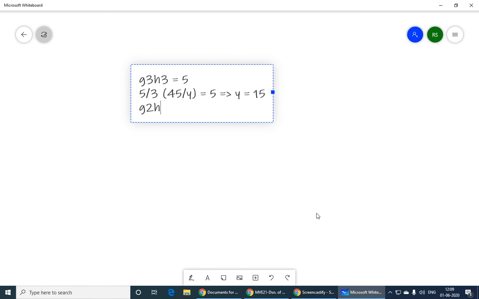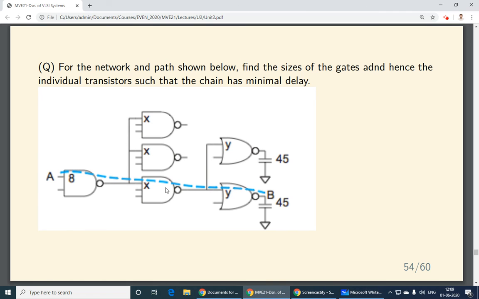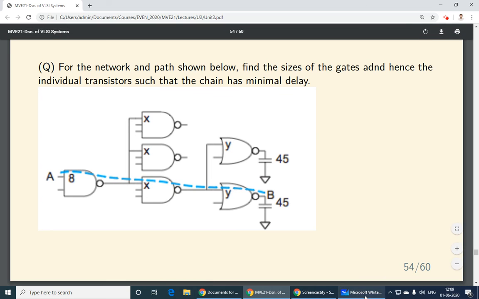This time also G2H2 equal to 5, which means that G2 is the 3 input NAND gate, so 5 by 3 into, now at this gate output capacitance divided by input capacitance. Here you have to be a little bit careful. The output capacitance is not just Y, okay, it is giving the output to Y and Y. So the output capacitance for this particular gate is 2Y and the input capacitance is X, okay.